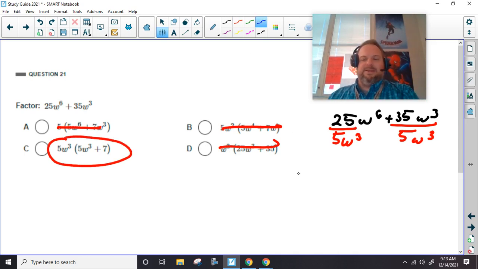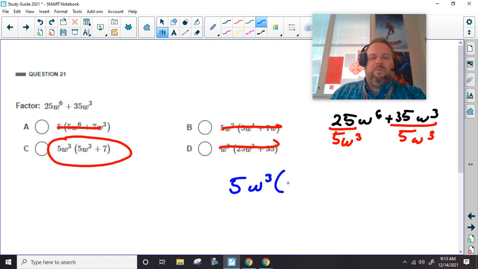So we're finally left with this as our answer. Why was I dividing it? You have to find the greatest common factor of the numbers first. The greatest common factor of 25 and 35 is 5, and then you take out the smallest exponent.